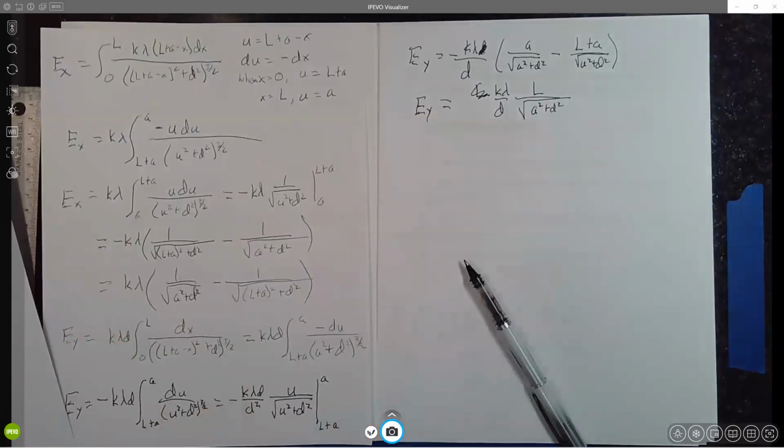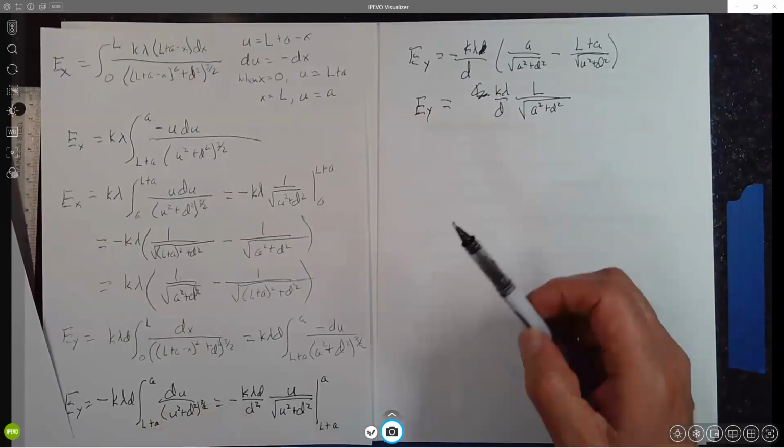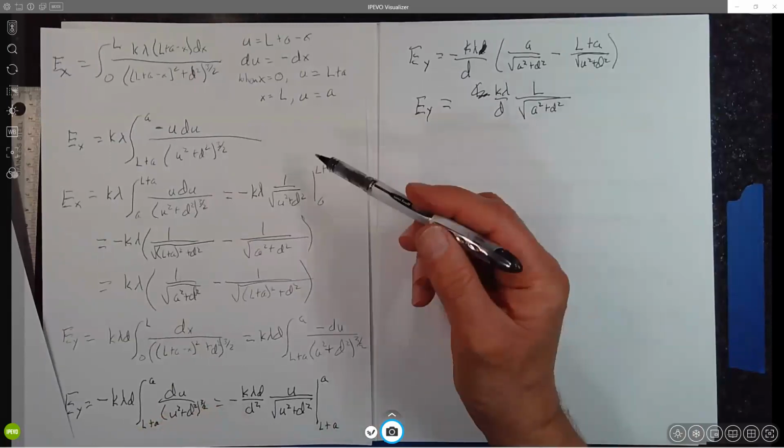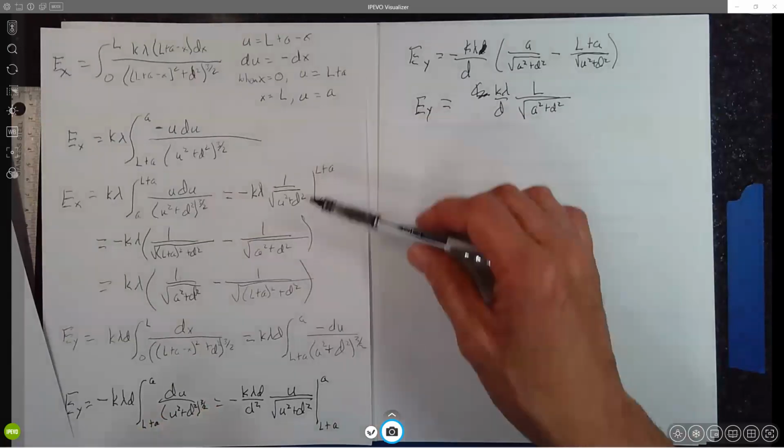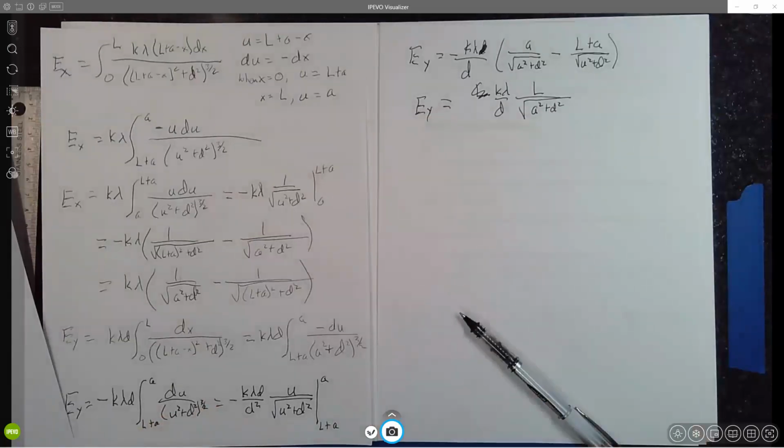So that's a skill that it's nice to have, if you can take a complex situation and manage to simplify the integral down to something that's not so bad. It's something that comes with practice. So you may see if you can duplicate the calculation that I went through for this, and see how that works.